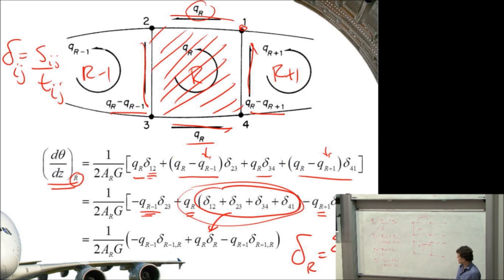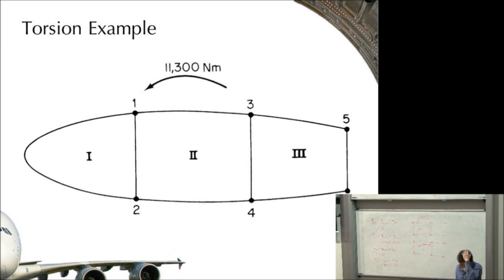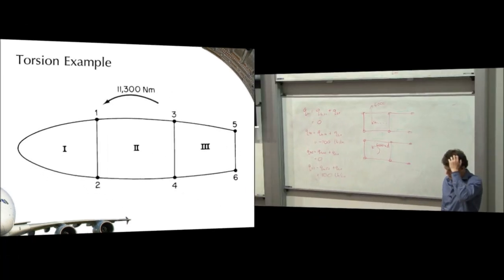Let's do a problem to illustrate. Okay, and I've got to get a little bit more information for this slide. This is example 23.3 from Megson. And the additional information that you'll need, well, there's quite a bit of it, but I'll put it up on the slide projector, on the document camera, is probably the best.